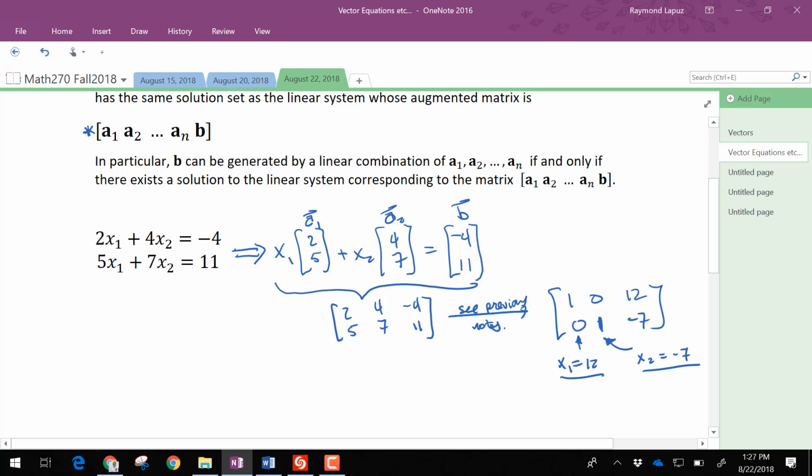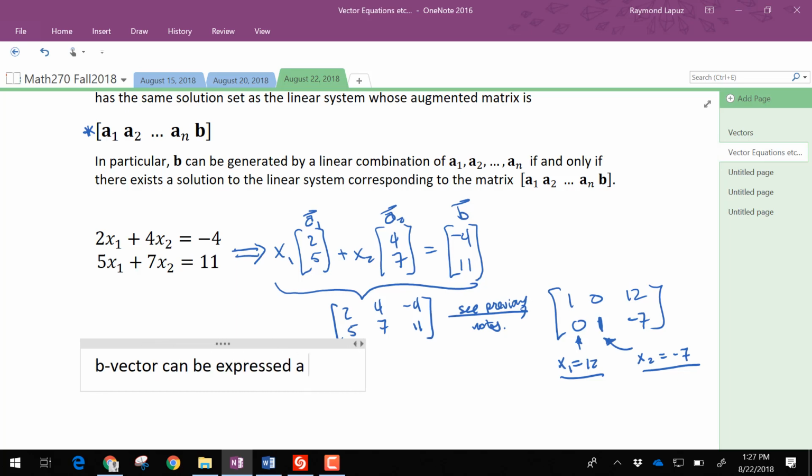So let's write that in words. The b vector can be expressed as a linear combination of a1 and a2.